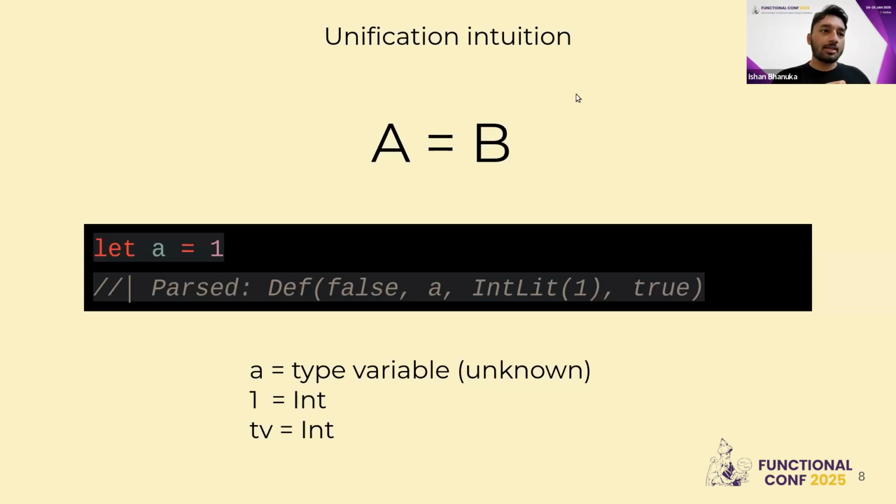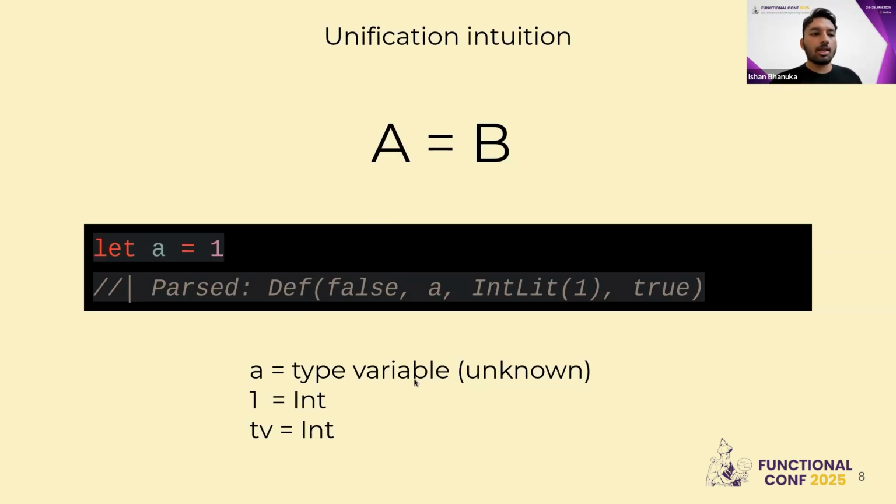Unification is like the mathematical equality we have. A equal to B means we say that the values of A and B are equal. So take the simplest program you could have: I created a variable and assigned it a value. When I created that variable A, at that moment I don't know its type.